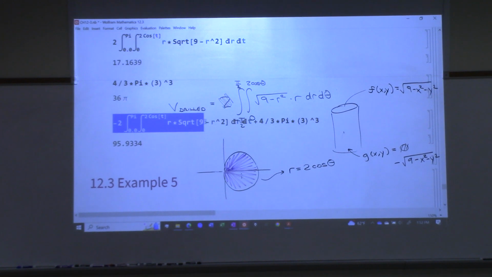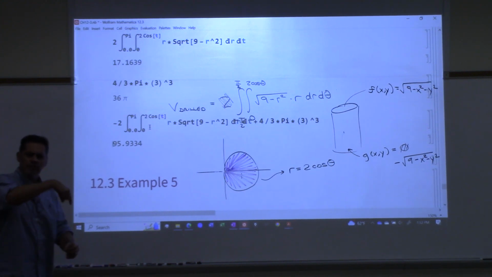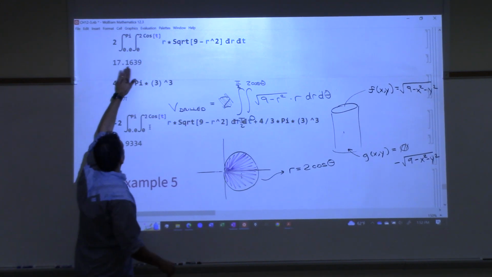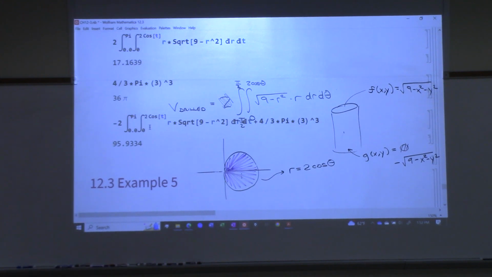I took that integral we just did, and I subtracted it from the 4/3 pi r cubed, and I get a final answer of 95.9334, approximately. Or you could say, if you wanted to know how much you drilled out, it's 17.1, whatever, cubic inches, cubic meters, whatever your units are.